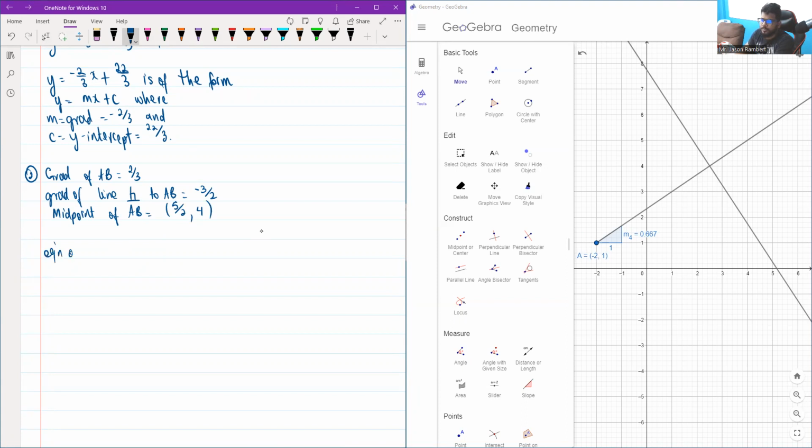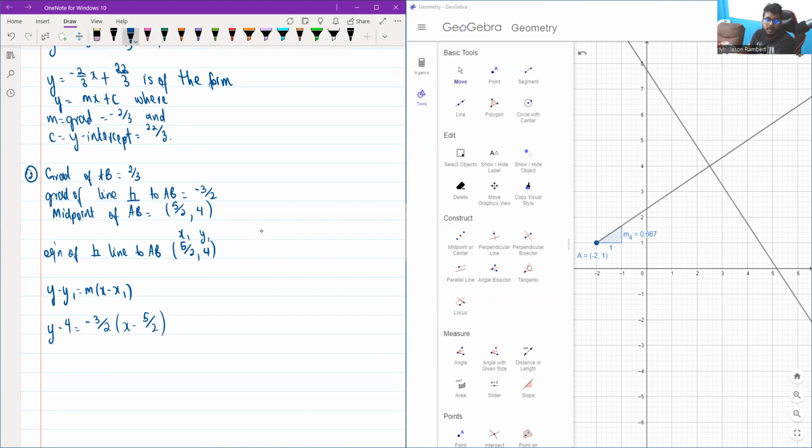Equation of the perpendicular line to AB, using the point 5/2, 4: y minus y1 is m into x minus x1. Y minus 4 is -3/2 into x minus 5/2.